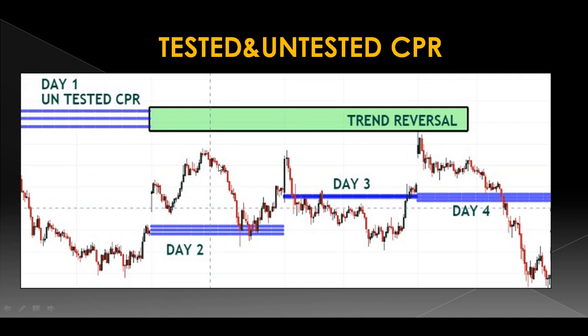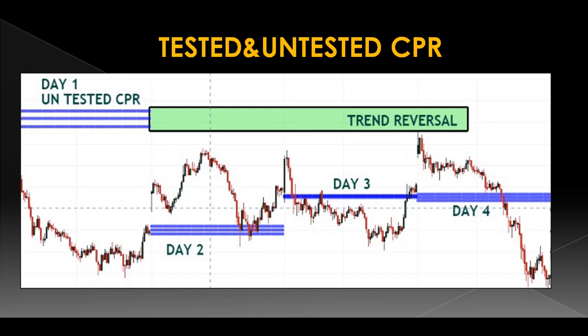On day two, the candles did not even test the day one untested CPR, and on day three, the candles did not test the day one untested CPR either. On the fourth day, right at the opening, the candles tested the untested CPR. Once the candles tested the untested CPR, see the market: there is a huge rally, and we got a huge trending day. This is the power of untested CPR.